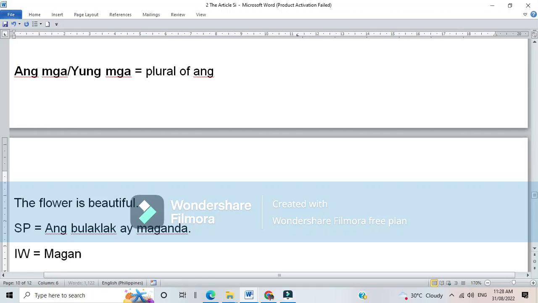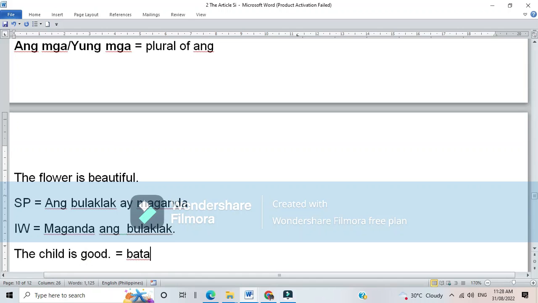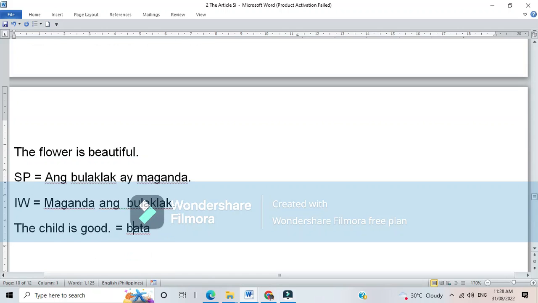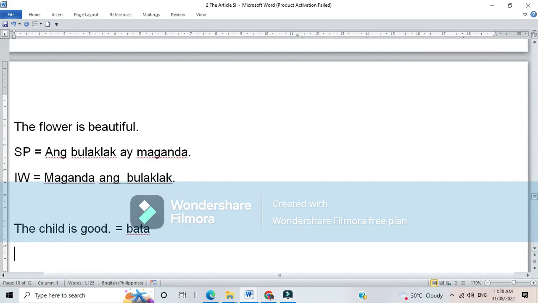So that is maganda ang bulaklak. Okay, correct. So the same here, the child is good. So our subject is child. So child is a common noun. So the article to be used is ang. Okay, correct. That's ang.